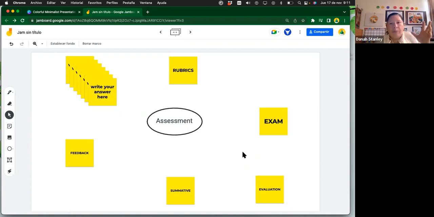We need to change that idea a little, starting from the teacher, thinking that this evaluation or exam is not in order to judge the person.